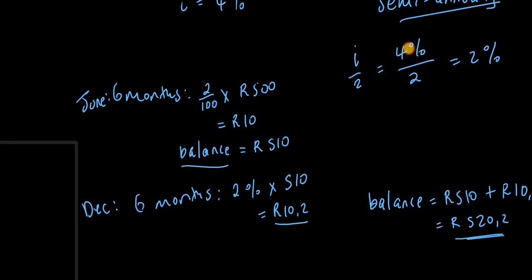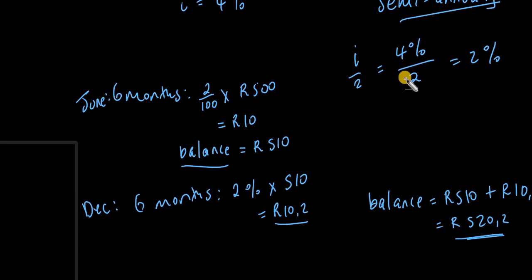So we don't use 4% here after 6 months and then 4% again. No, that's not how we do it. We divide the interest by 2, then we get a new interest we're gonna be using to get our balance for the 2 times in a year. If it is quarterly, we divide the interest by 4, then we get the new interest we're gonna be using to calculate your balance 4 times in a year.